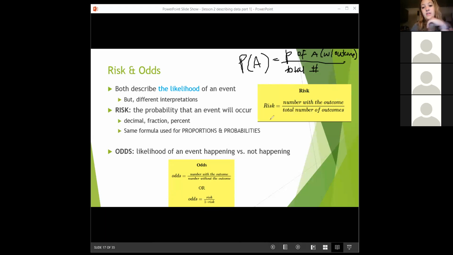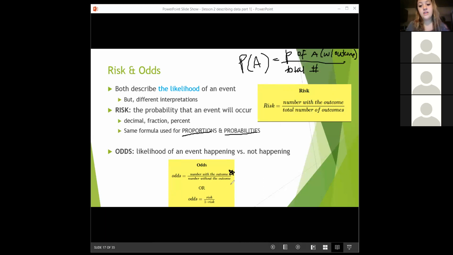So risk is the same idea, and like I wrote here, it's the same formula used for proportion of probabilities. What's different with odds is our denominator. So our number without the outcome is going to be our denominator for odds. We still have the number with the outcome as our numerator, but then our number without the outcome is going to be our denominator, and that's how it's going to show odds.